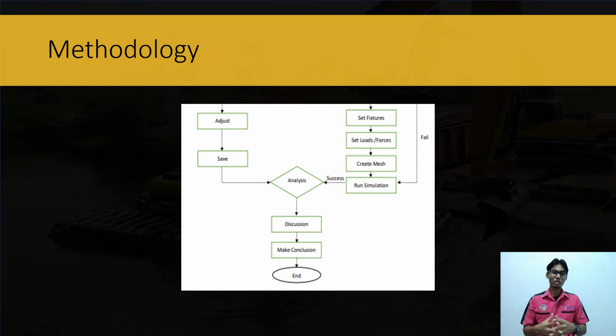If the simulation fails, we jump back to set the boundary conditions and do it all over again to get a successful result. If the simulation is successful, then we analyze and discuss the results and make the conclusion.